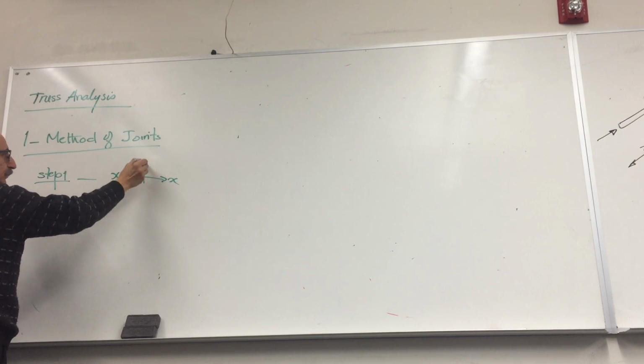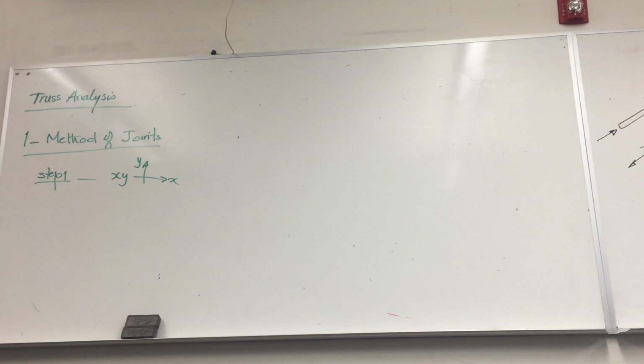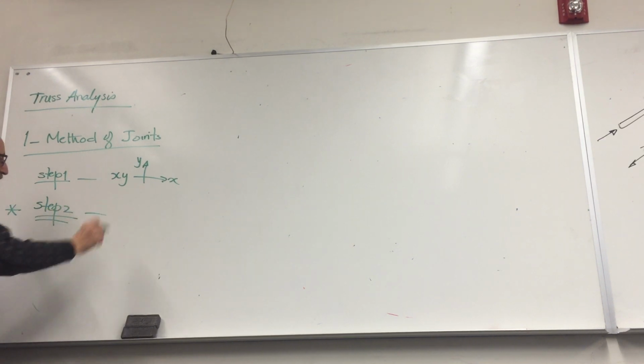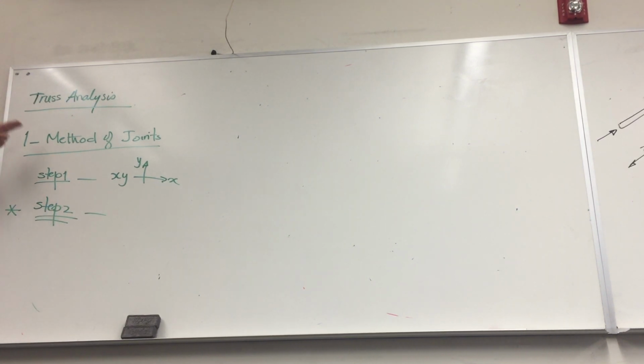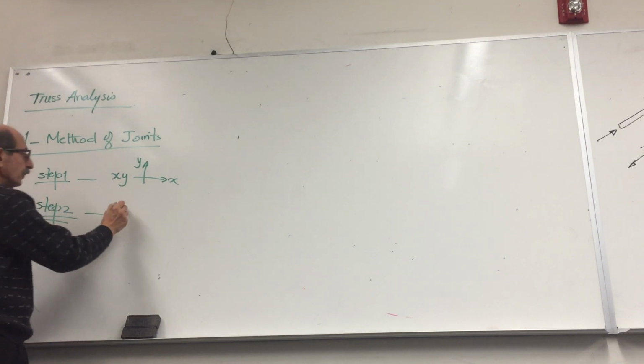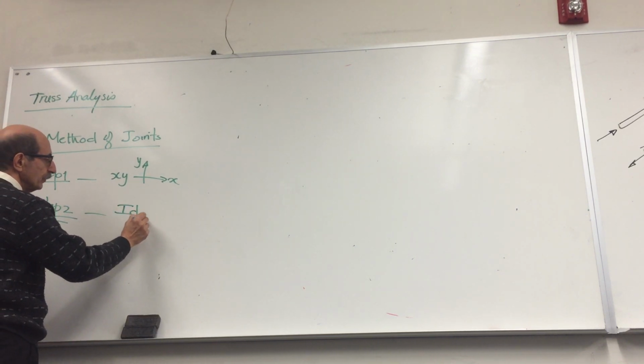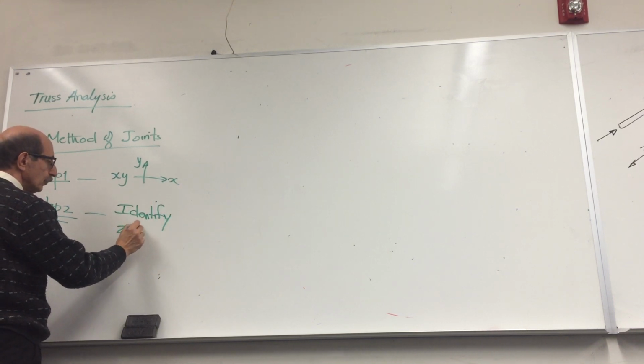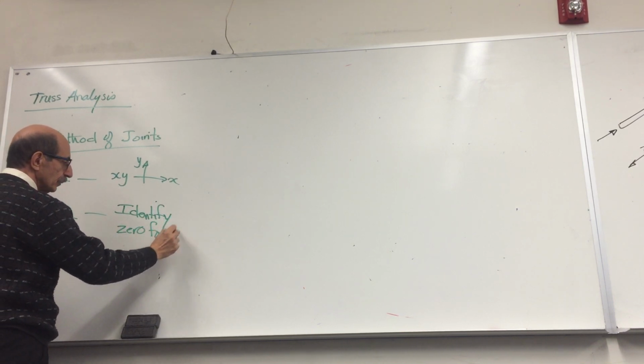Step 1 is identical to frames. You need to always set up an XY coordinate system so you can identify whether forces are negative, positive, and so on. Step 2, in both method of sections and method of joints, is identify, before you do anything else, zero force members.